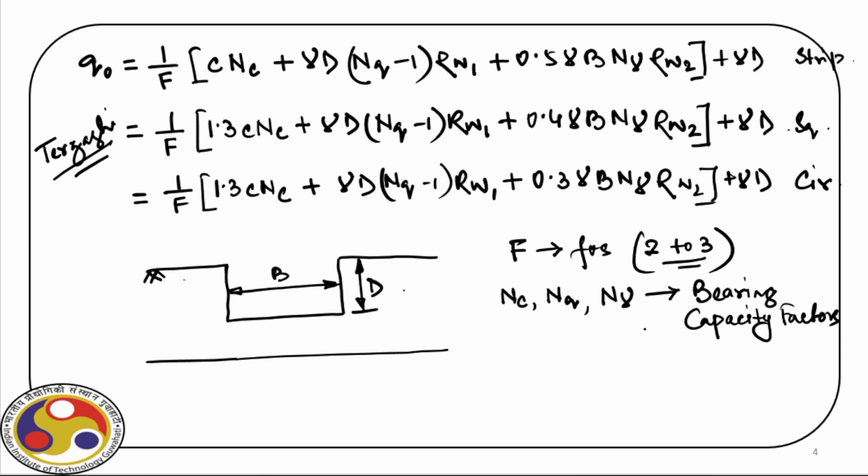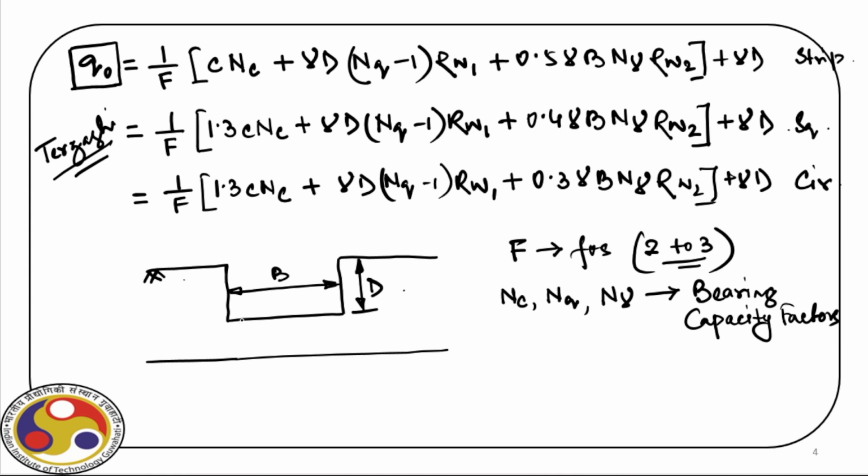Now for local shear failure, again, they are replaced by primes. And again, as I said, this is not a soil mechanics course, so we will not go into the details of that. Our main objective is the quantified value of this SBC only.